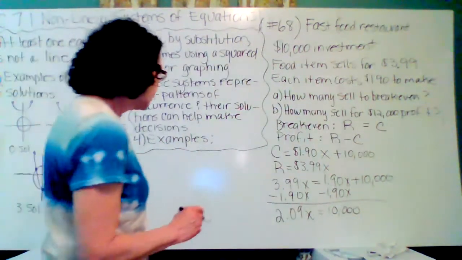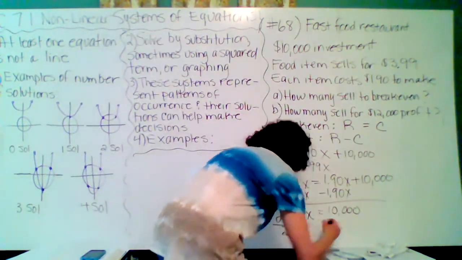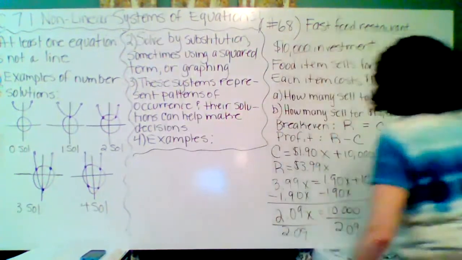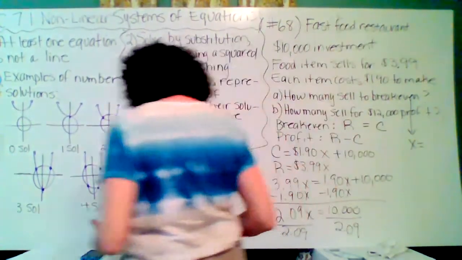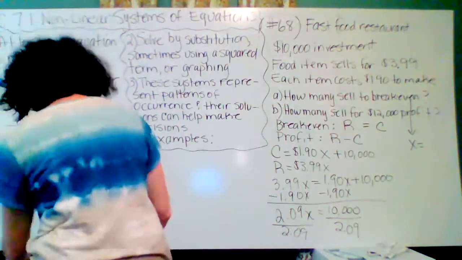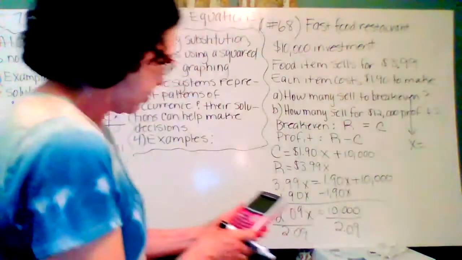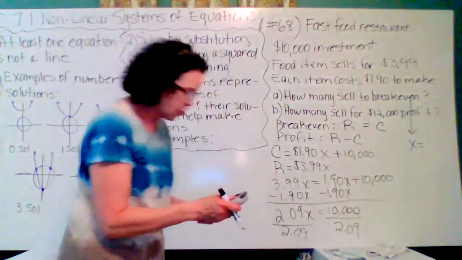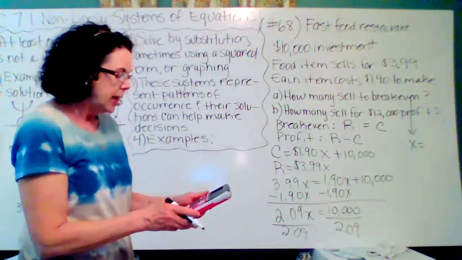So let's take a look. Let's divide by 2.09. How many of these food items do we need to be able to sell? Here's my calculator. All right, now this really makes sense, because this is what you make per item and you need to use it to pay off the 10,000.